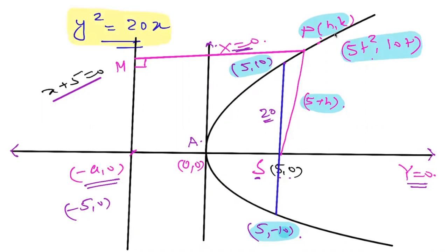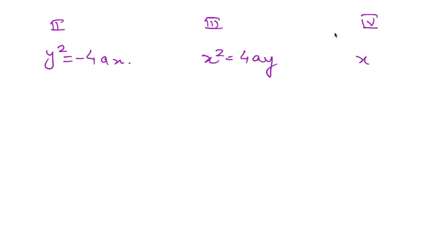Now, before going ahead, we have to think about the second, y square is equal to minus 4ax parabola. Third, x square is equal to 4ay. And the fourth one, x square is equal to minus 4ay. We'll start one by one. First, we are going with y square is equal to minus 4ax. So start with the graph.